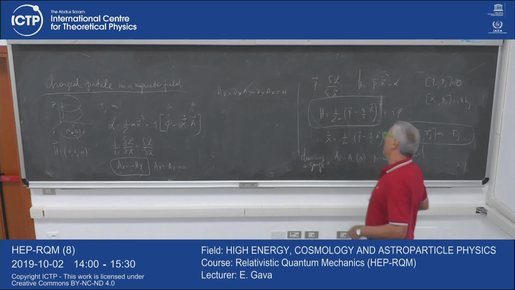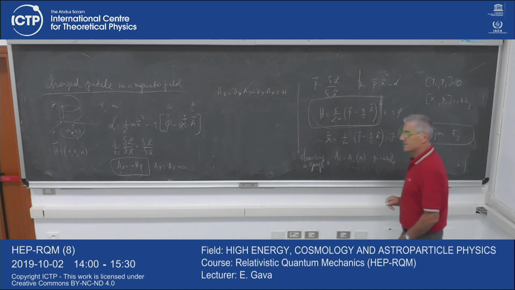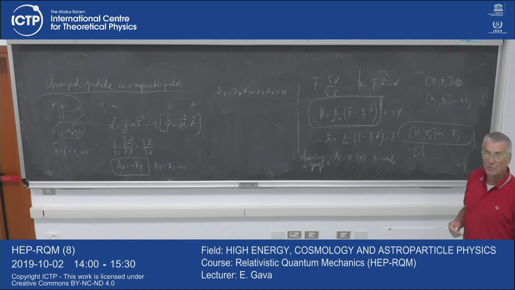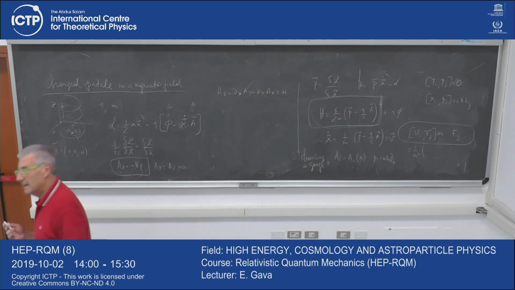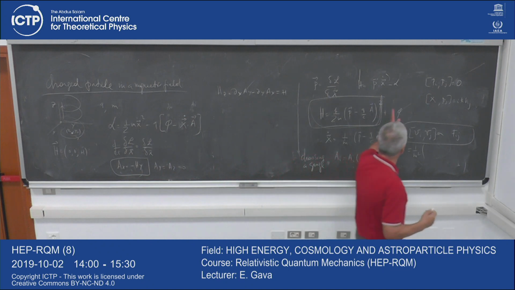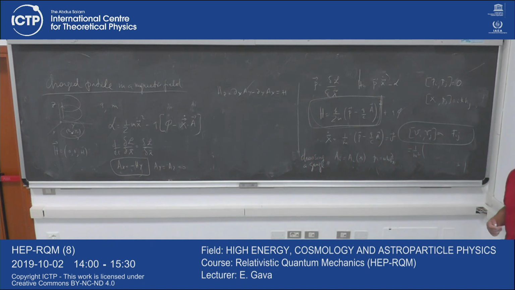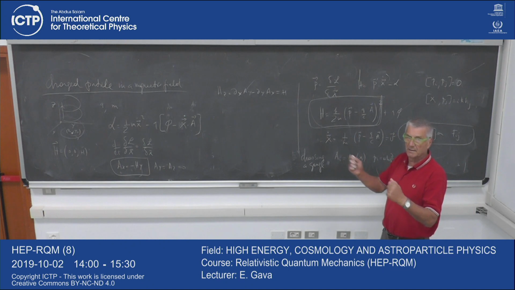So this is the Hamiltonian. By the way, if instead of having just a particle with charge and spin 0, you had a charged particle with some spin, there will be an intrinsic magnetic moment which will interact with the magnetic field. So the Hamiltonian will be this plus a term which takes into account this interaction. Essentially, up to a constant, it is the spin dotted with the magnetic field.